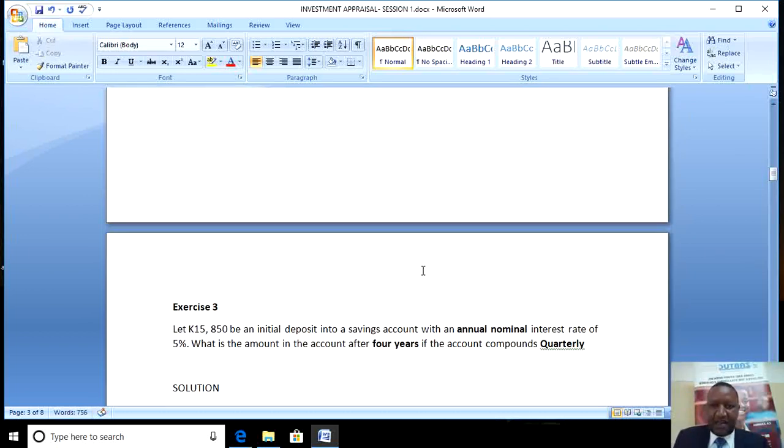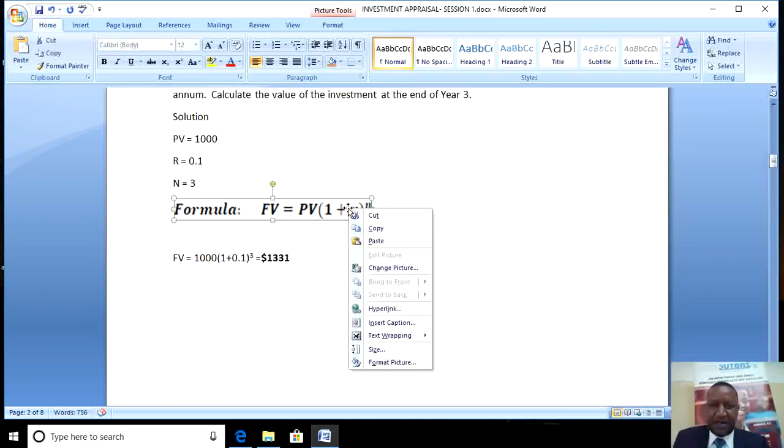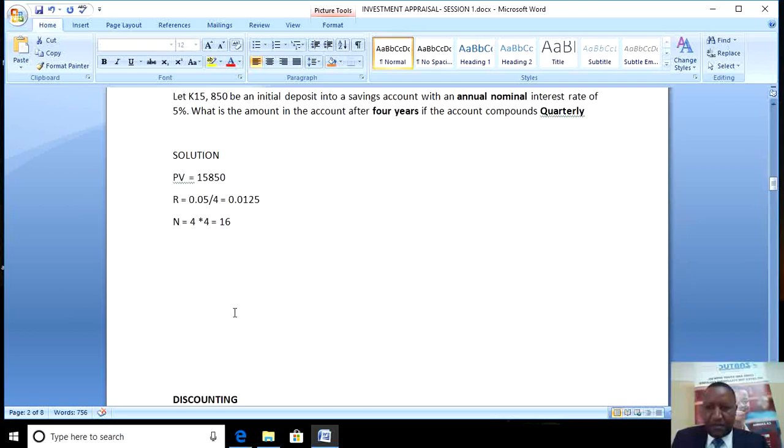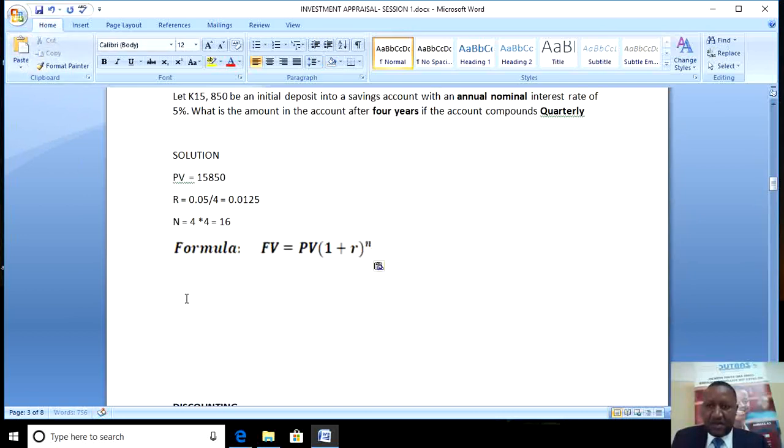So tap that in your formula, bring down your formula. So how much will be the future amount? Future value will be equals to PV, that's the 15,850, multiplied by 1 plus rate 0.0125, then raise that to power 16.